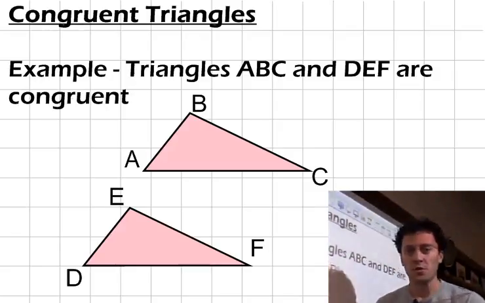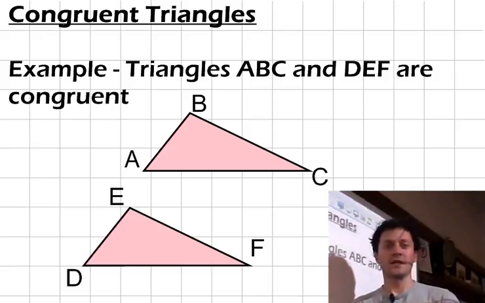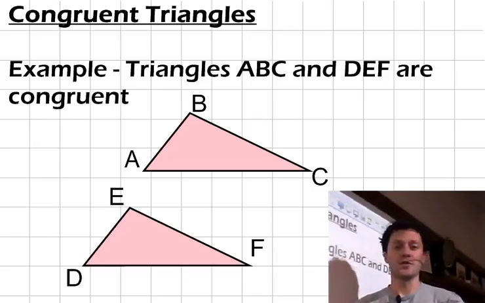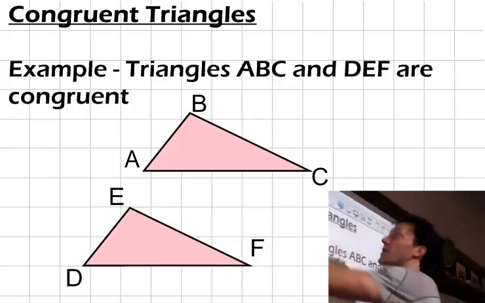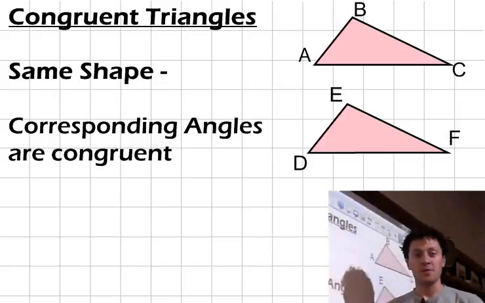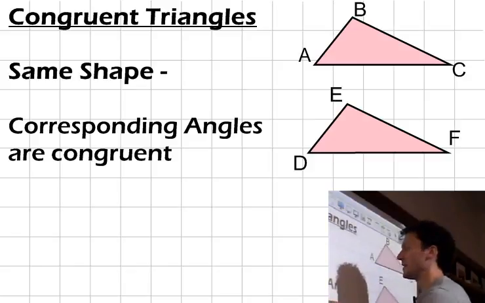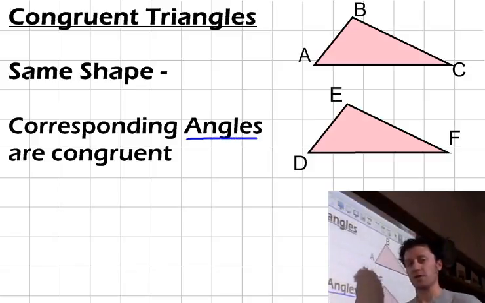Okay, so in this example, we're going to look at two congruent triangles here. I'm going to say that triangles ABC and DEF are congruent. Okay, so what does that mean? Well, it means they've got the same shape, so that must mean the corresponding angles are congruent.